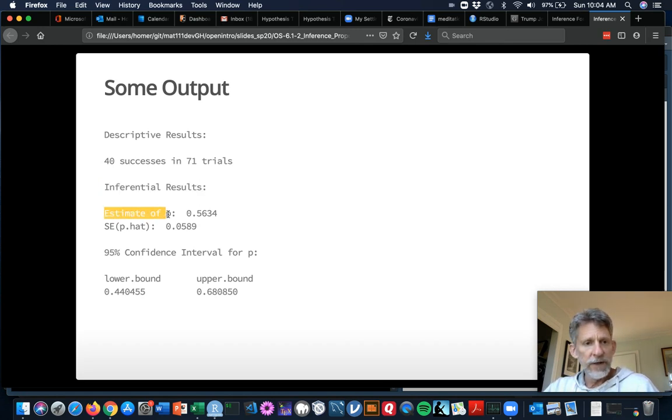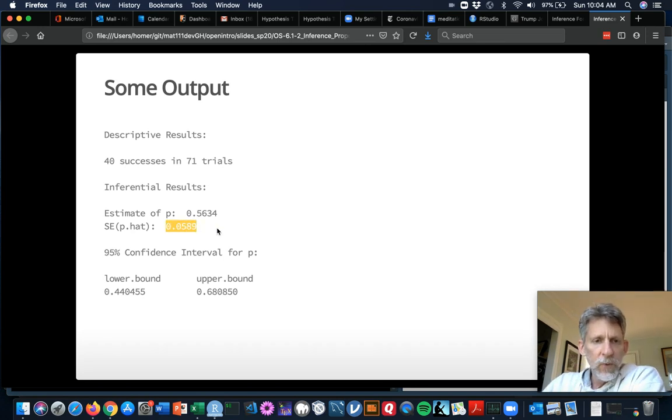We first give the point estimate. That's the sample proportion. So our best single guess at the proportion of all Georgetown College students who are female would be 56.34%. That's our best guess. But then we report the standard error for p hat.